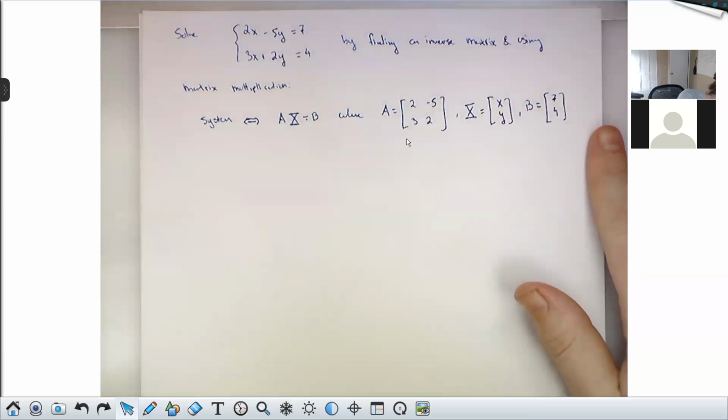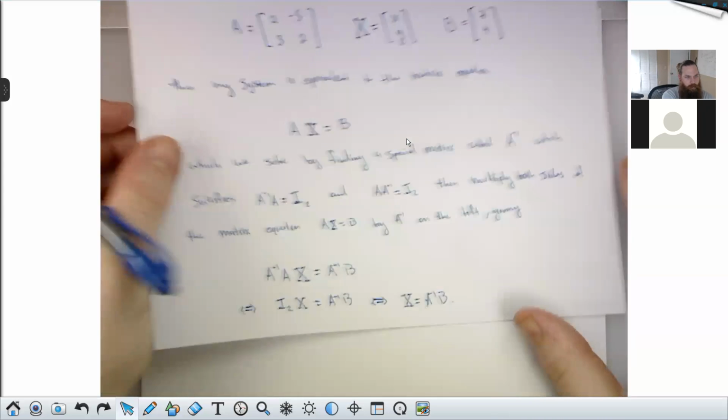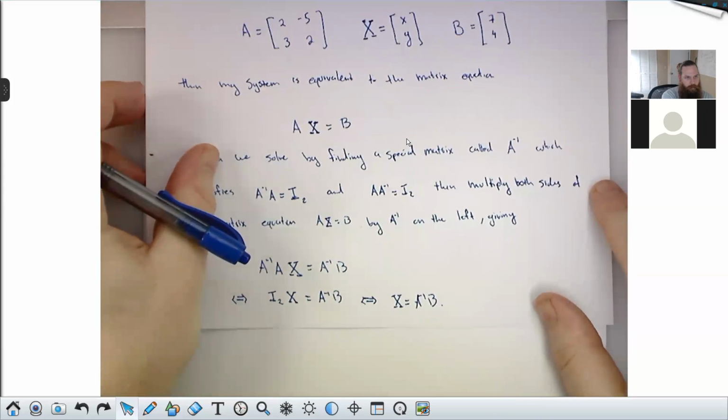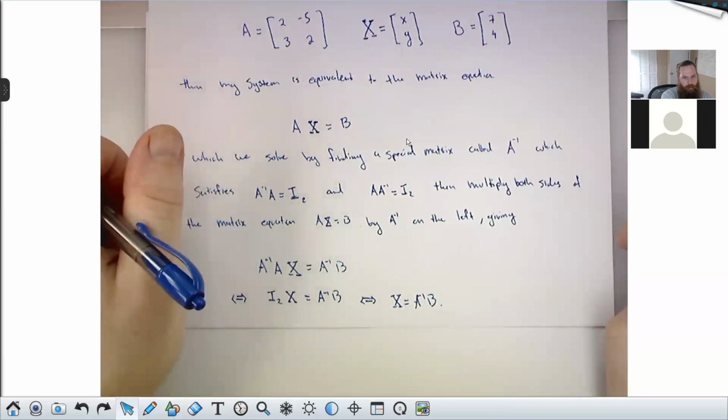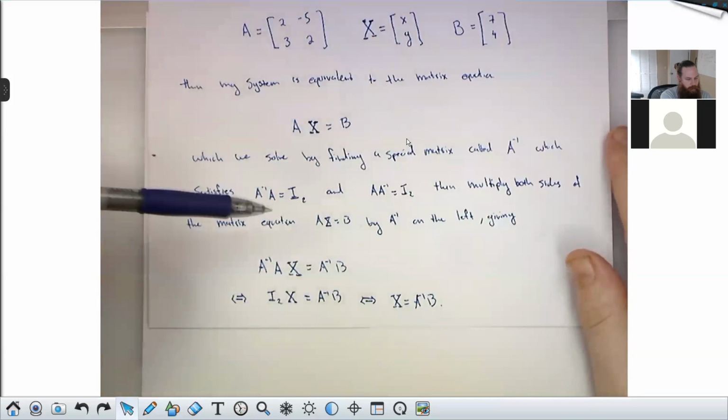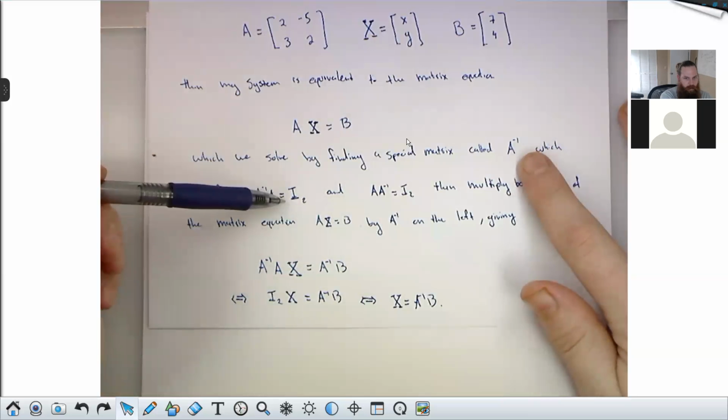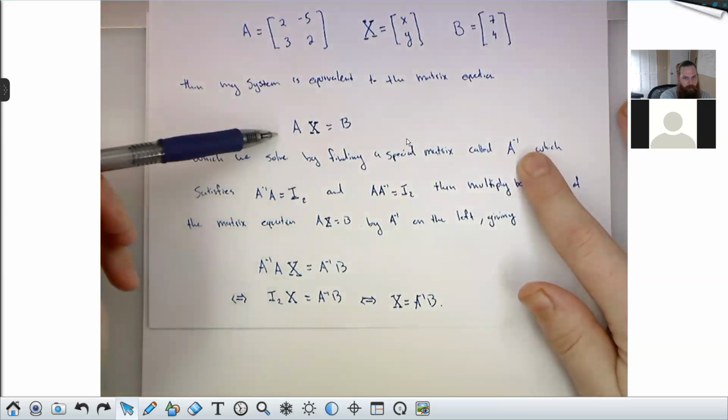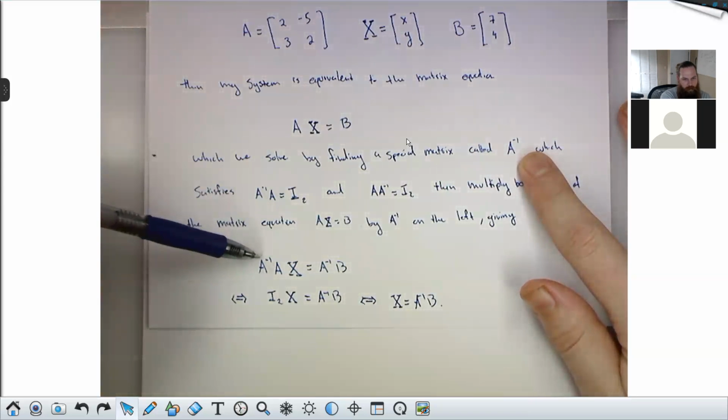Oh, sorry, we want to go back for a second. We're here. So the game is to find this special matrix A inverse. Then you take your matrix equation, AX equals B, multiply on both sides by A inverse.